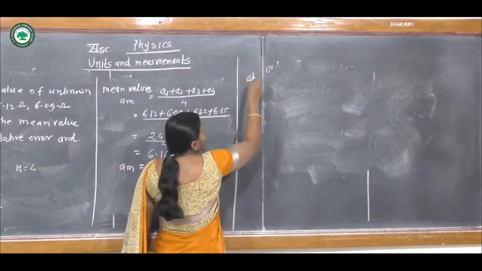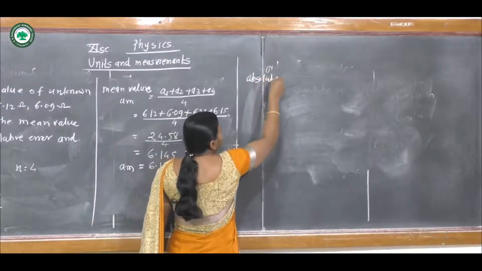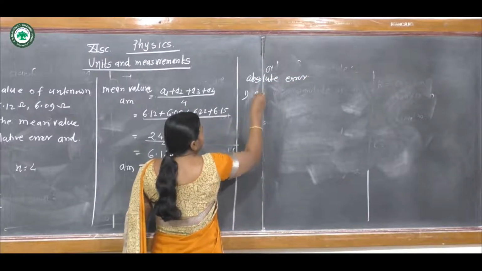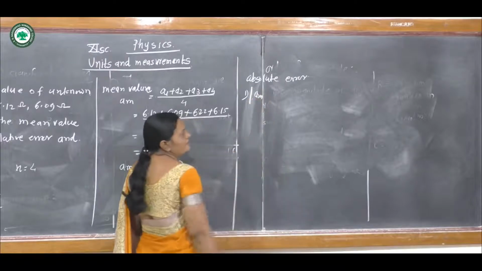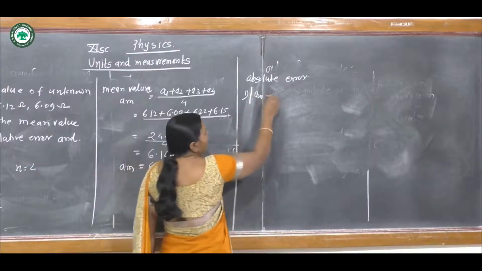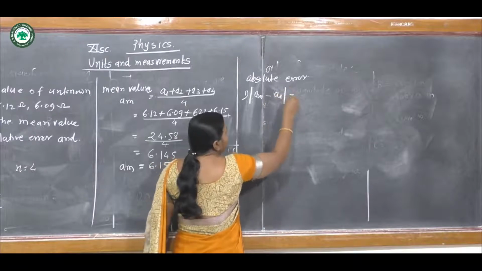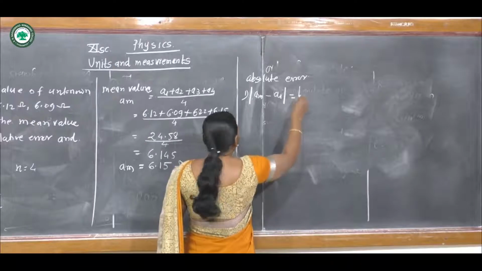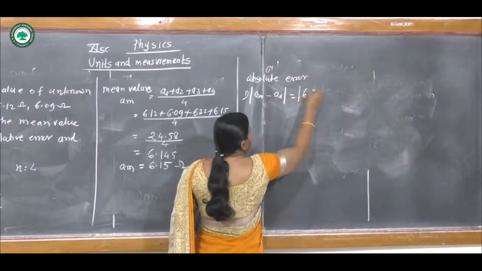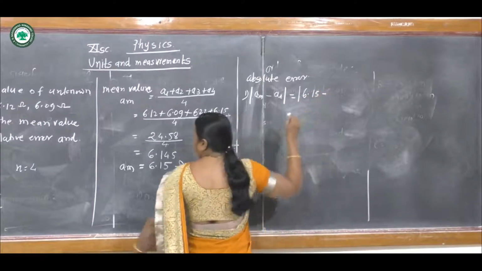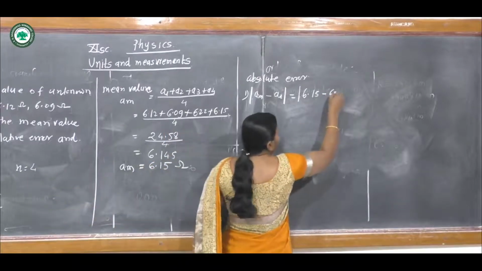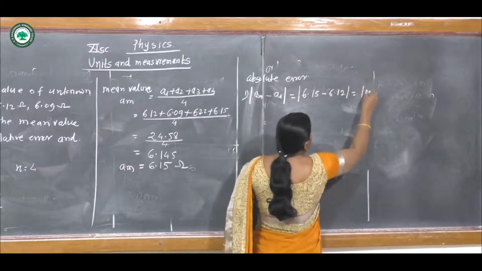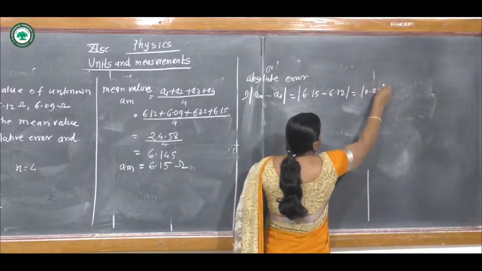Now we find the absolute error. The absolute error is the difference between the mean value and each individual reading, and it is taken as a magnitude, that is positive. Suppose AM is 6.15 minus the first reading 6.12.